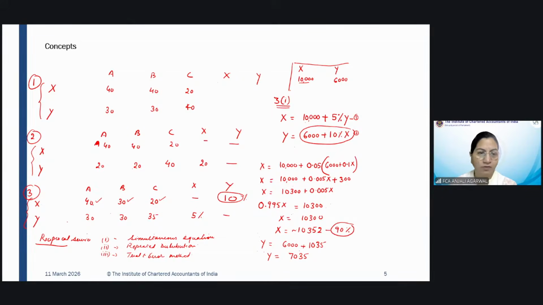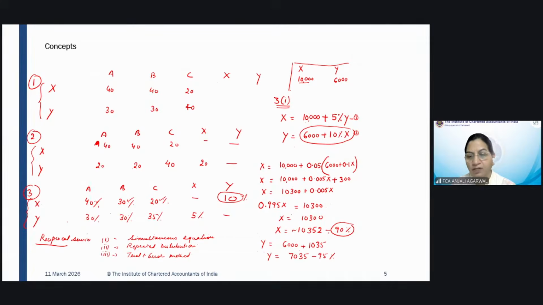Although it is 40, 30, 20, don't take this as a ratio, take it as a percentage only. Otherwise, you will end up dividing 10,352 fully amongst ABC, but we have to divide only 90% of 10,352. Similarly, for 7,035, 30% goes to A, 30% goes to B, and 35% goes to C. So you will see that 95% of Y is distributed.